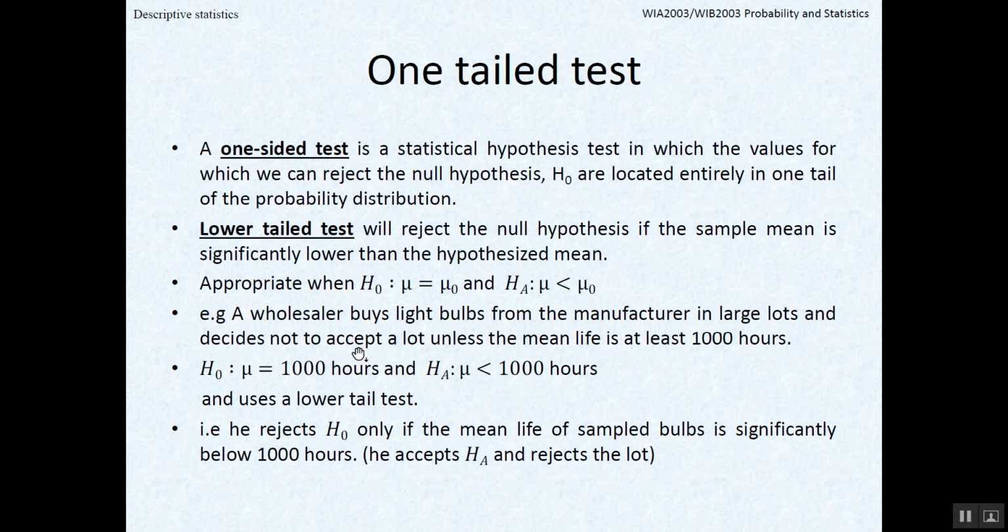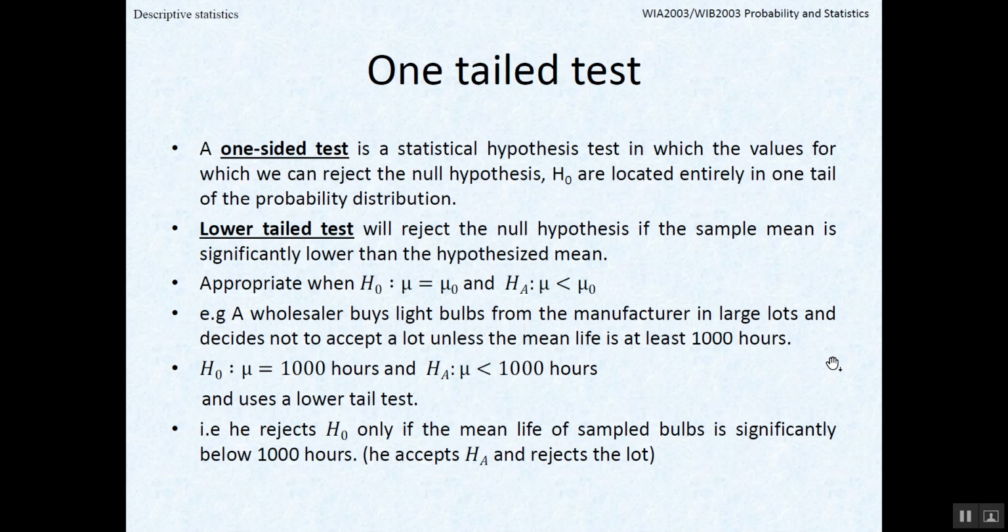What this refers to is that a wholesaler buys light bulbs from a manufacturer in large lots and decides not to accept a lot unless the mean life is at least 1,000 hours. So at least 1,000 hours, then only he accepts to buy. He rejects the null only if the mean life of the sample bulbs is significantly below 1,000.